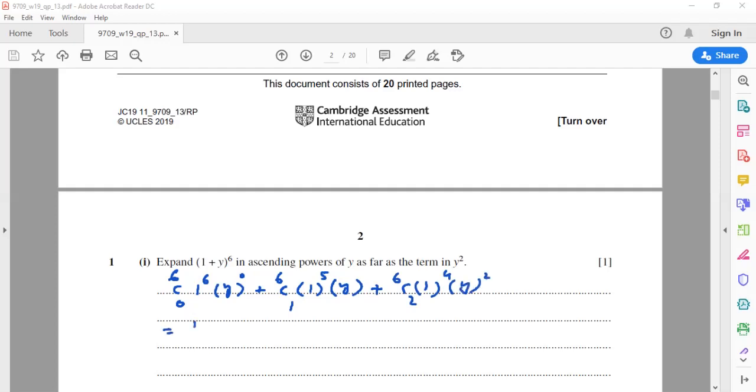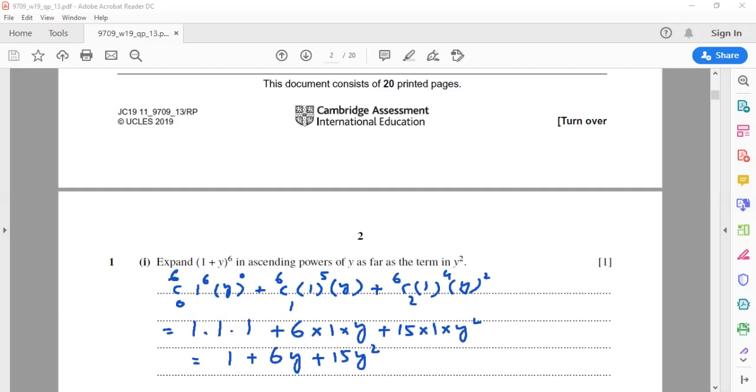As we know, 6c0 is 1, 1 power anything is 1, y power 0 is 1. 6c1 is 6, 1 power anything is 1, and y. 6c2 is 15, 1 power 4 is 1, and y square. So we have reached 1 plus 6y plus 15y square. This is your solution for the first part.